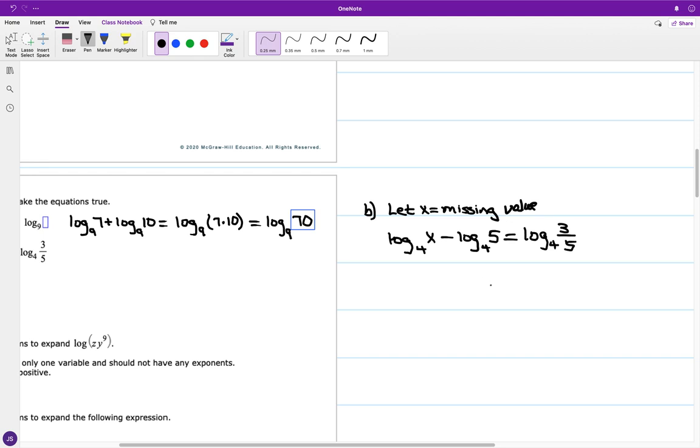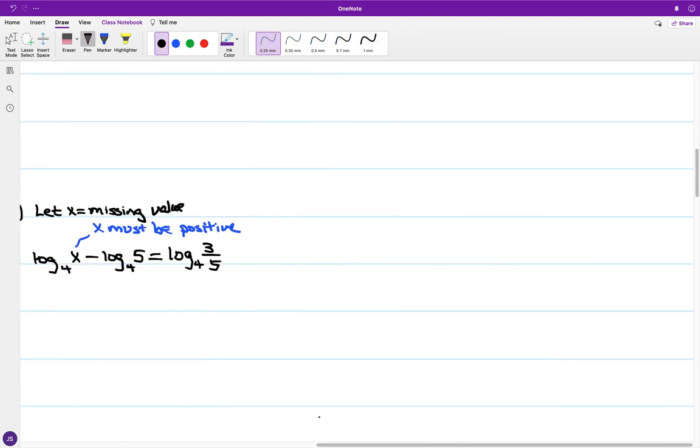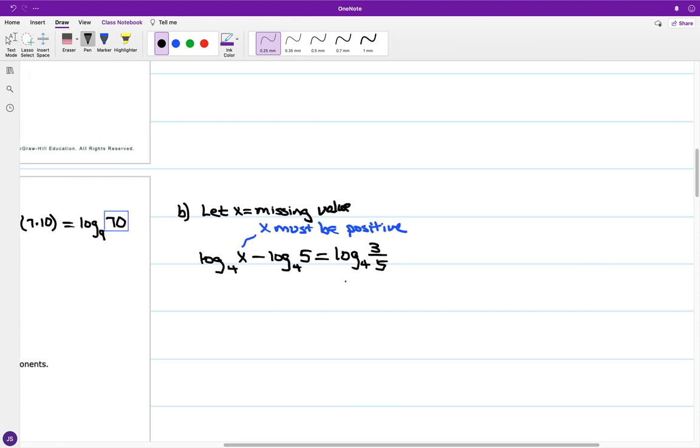What I mean by this is I can either combine these logarithmic terms together into a single logarithm, or I can expand what is on the right. But regardless of whatever I have, X must be positive. So you either combine on the left or expand on the right.